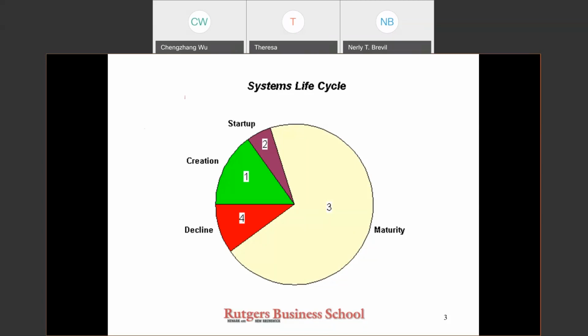We can probably relate this cycle to many systems such as automobiles, houses, and of course, information systems. This four-stage process of creation, startup, maturity, and decline is referred to as the system life cycle.